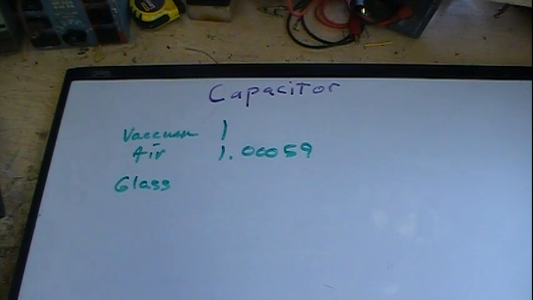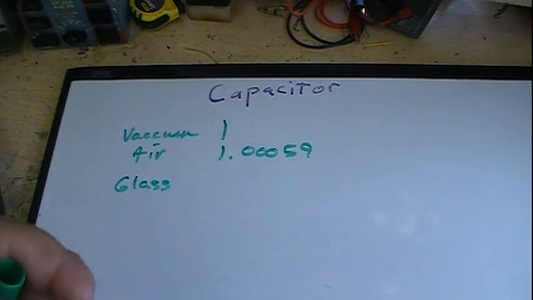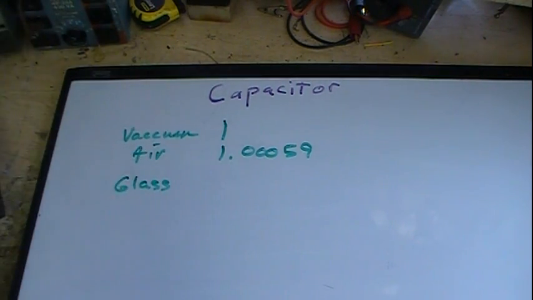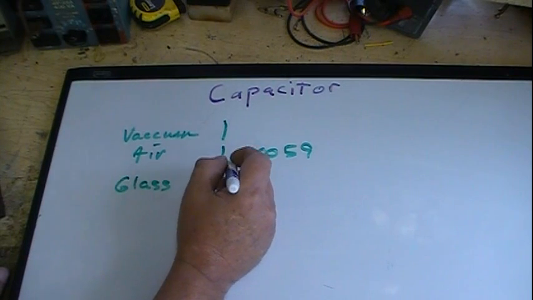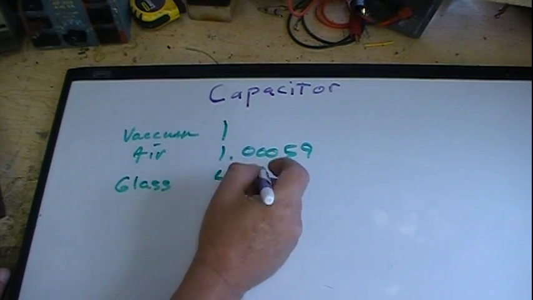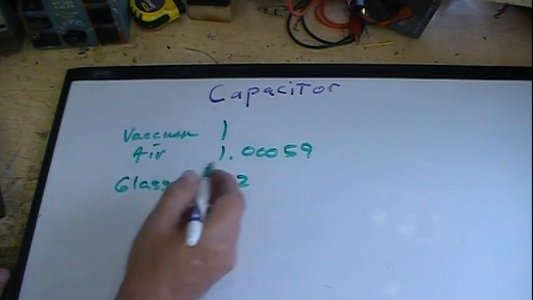So two plates, graphite conducts, two plates separated by glass. We have a capacitor there, and it usually is made use of as part of the filter, or the only filter, to the high voltage. So anyway, glass has around 4.2.